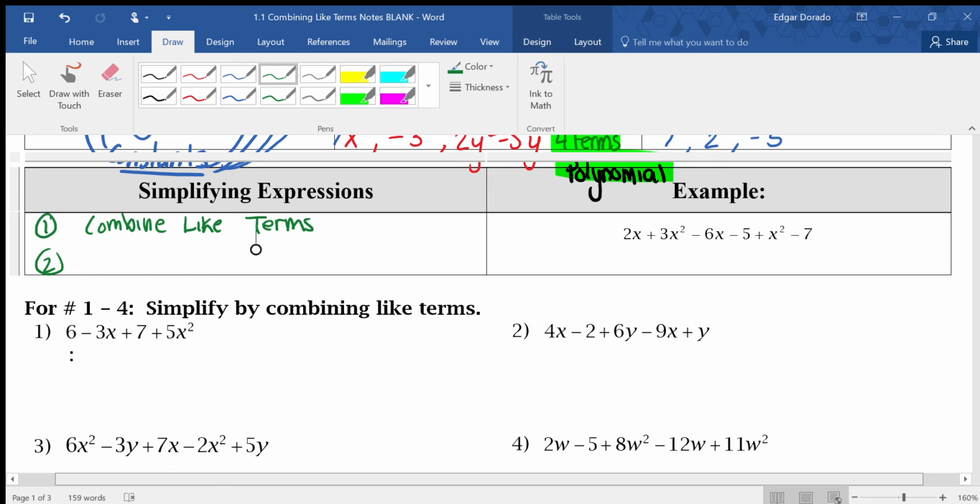We have to have terms that have the same variable and degree, or another way to say degree is exponent.